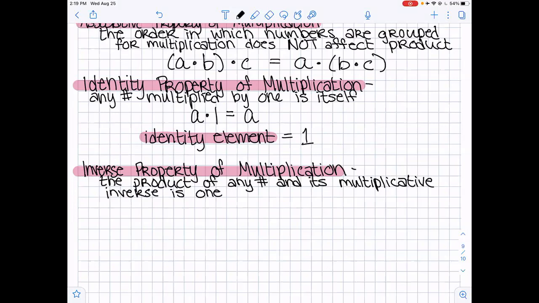Does this make sense to anybody yet? Do we know what the multiplicative inverse is yet? It's not 1. 1 is the identity element.